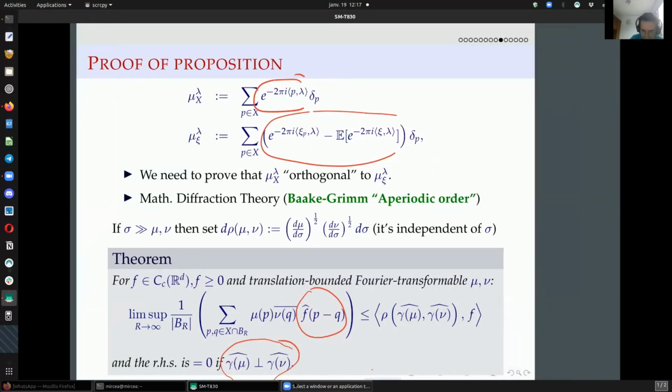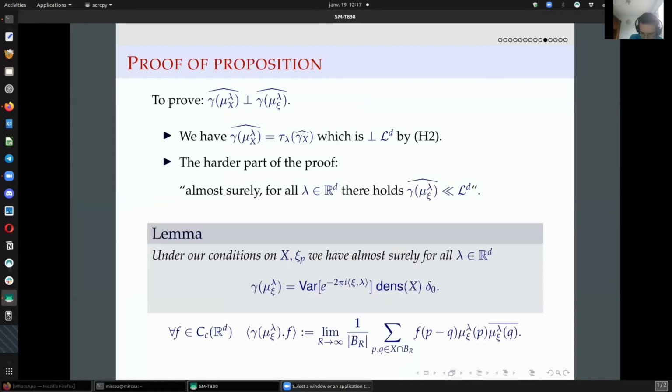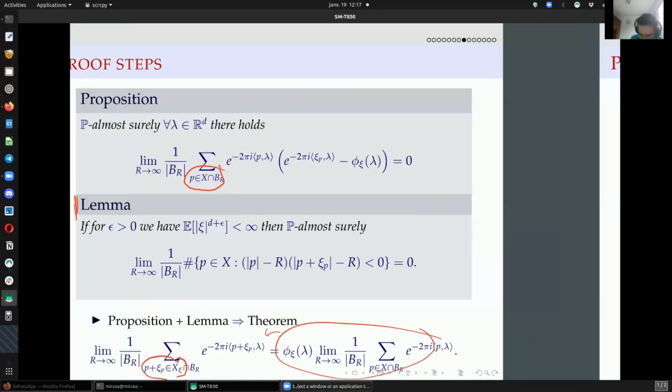And then to prove that the diffraction measures of my two measures are orthogonal, first of all, one of them, the one for the deterministic set, I'm going back two slides. This is actually just, wait a little bit, one slide. Yeah.